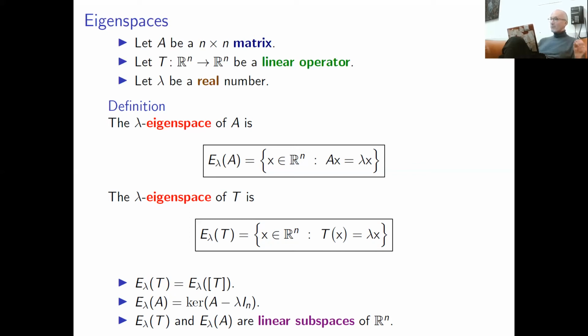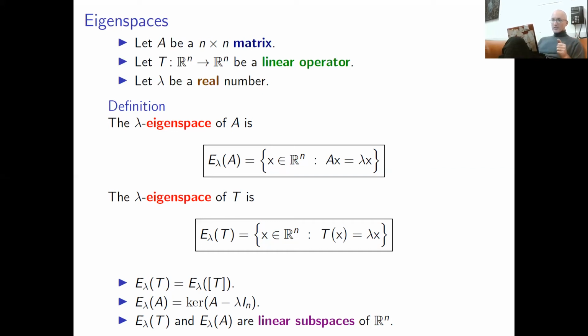So basically, by definition, if lambda is not an eigenvalue, then this kernel is 0. So this eigenspace is 0. So what we just proved is that the lambda eigenspace is the zero subspace if and only if lambda is not an eigenvalue.